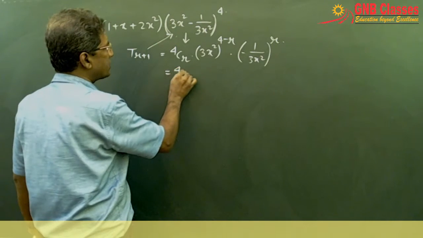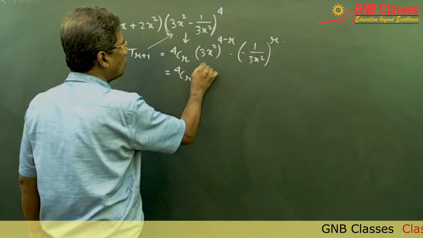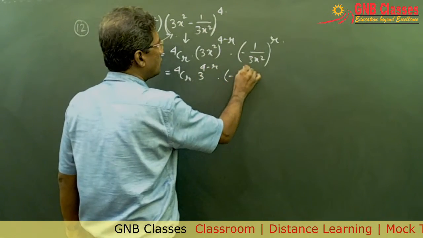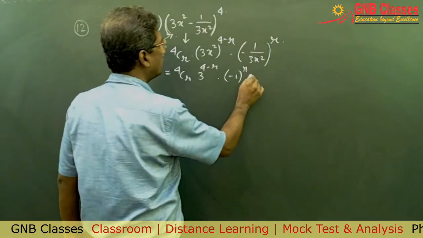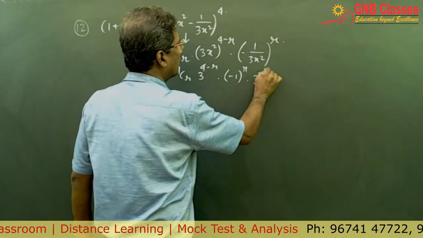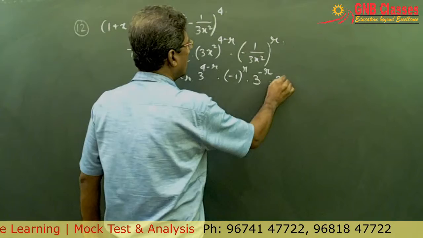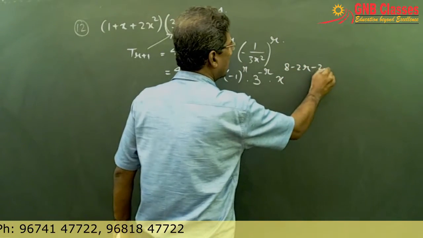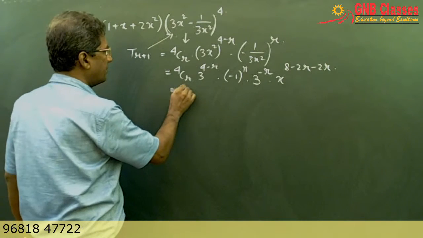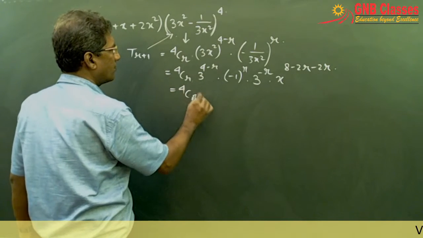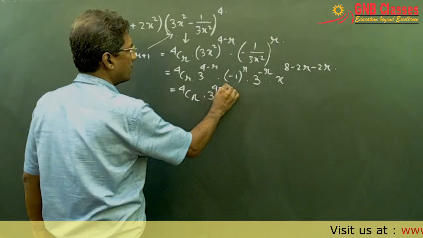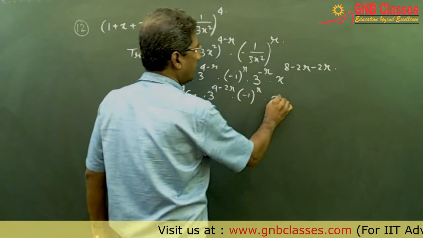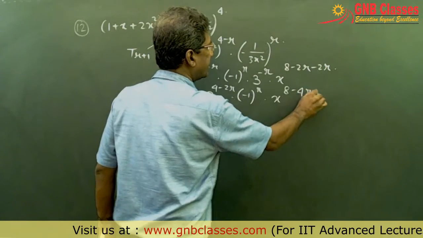So we are getting 4CR 3 to the power 4 minus r into (minus 1) whole to the power r. Is it clear?